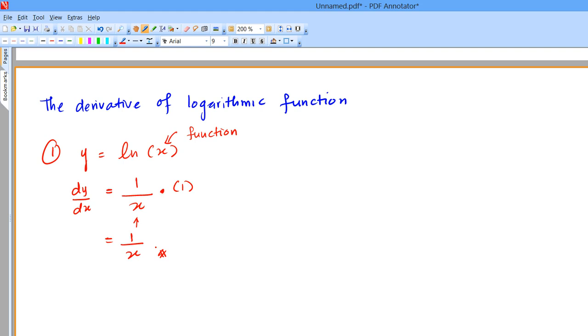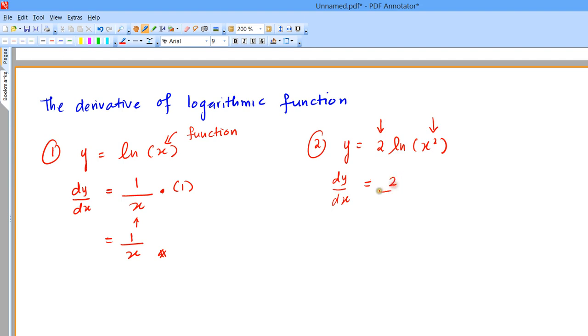Okay, next second example, y equal to 2 ln x square. So we have coefficient equal to 2 and then function equal to x square, and then differentiate left hand side equal to dy over dx, and then differentiate right hand side based on the technique coefficient over function.